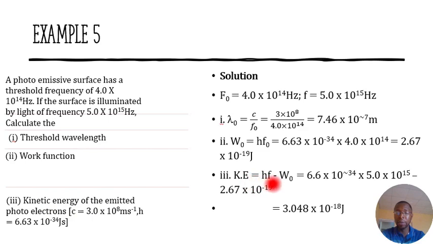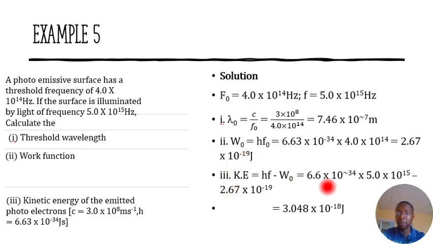So kinetic energy still remains the product of Planck constant and frequency minus work function. So Planck constant is 6.6 times 10 to the power minus 34 multiplied by the frequency, which is 5.0 times 10 to the power 15. Then minus the work function. The work function is obtained in the second question here, which is 2.67 times 10 to the power minus 19 joule.